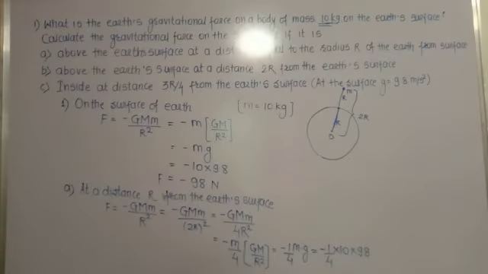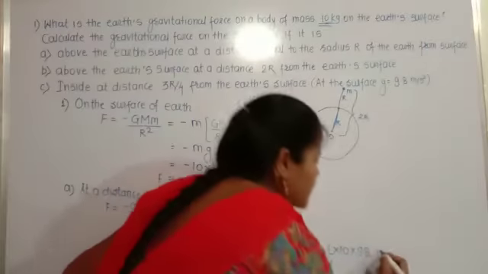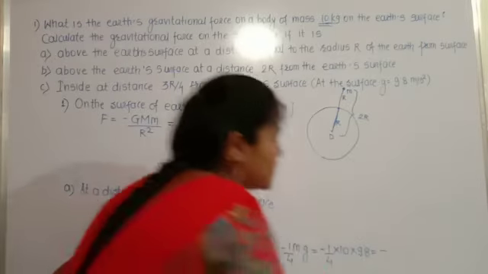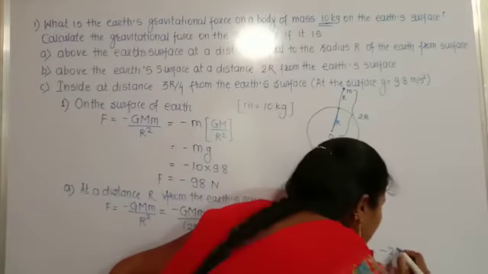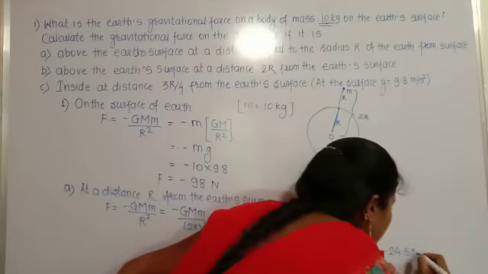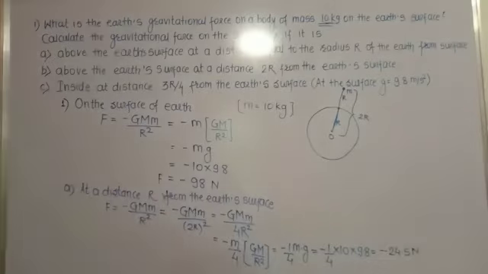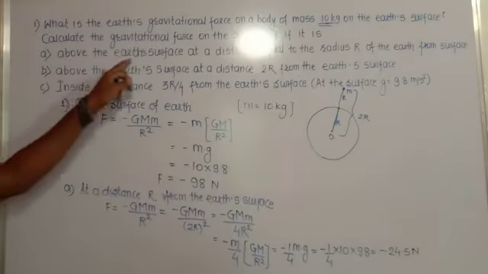After calculation we get the value F equals minus 24.5 Newton.